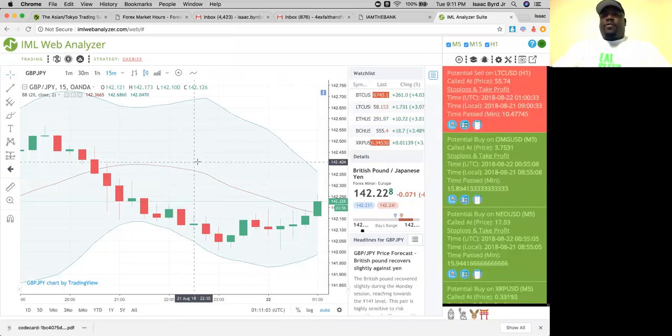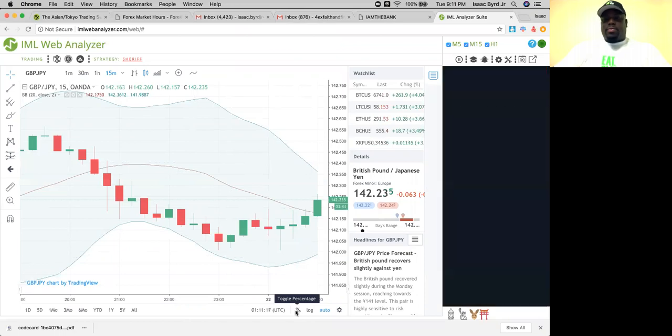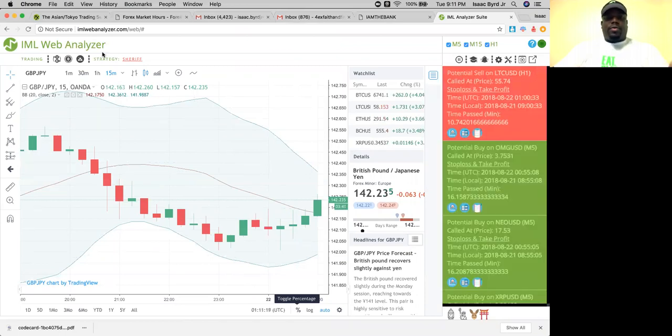And if you're looking for a buy, you want that number to be below 30 on the RSI. That's what we're looking for on this strategy.